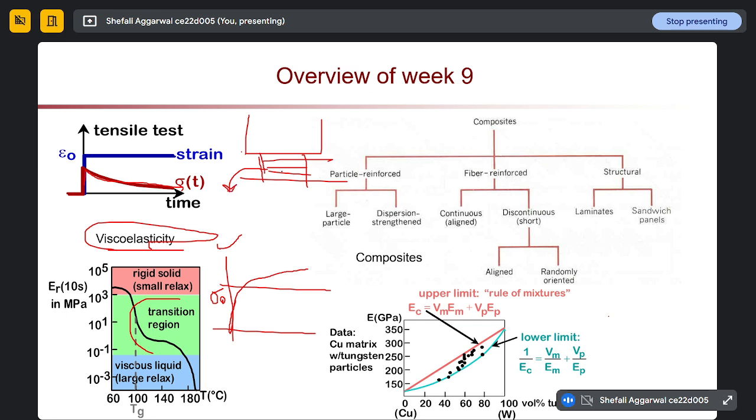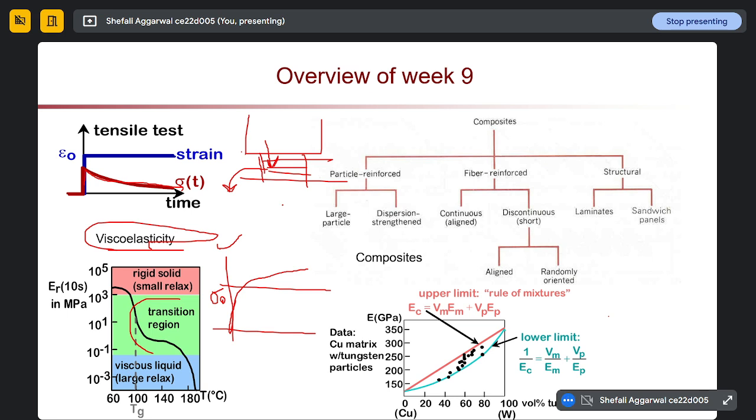So what type of strength do they have? Any idea? They have high reversible strains and high elasticity. Because of that, they can come back to their original position and can transfer load from superstructure to substructure without failing. So this is all about polymers.